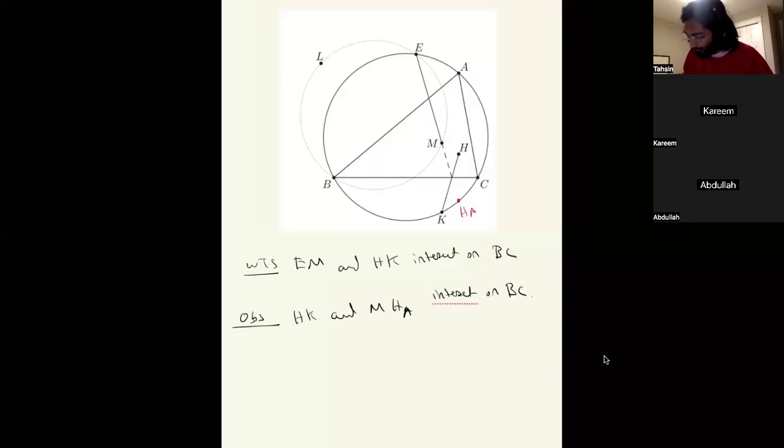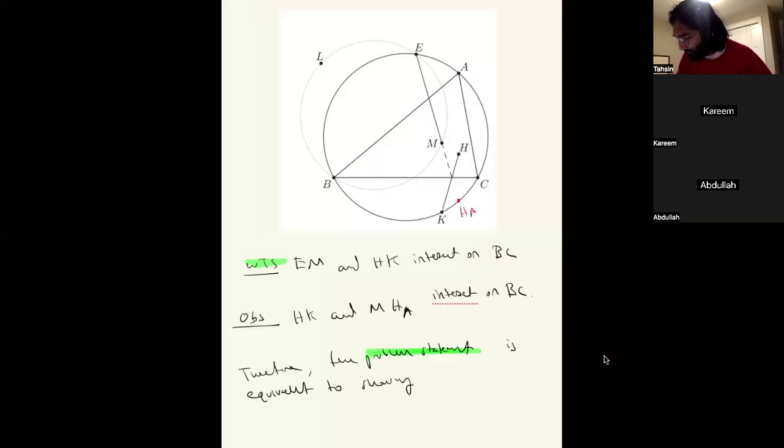Okay, so therefore, by the problem statement, I mean what we want to show, these two things, is equivalent to showing E, M, H, A are collinear.